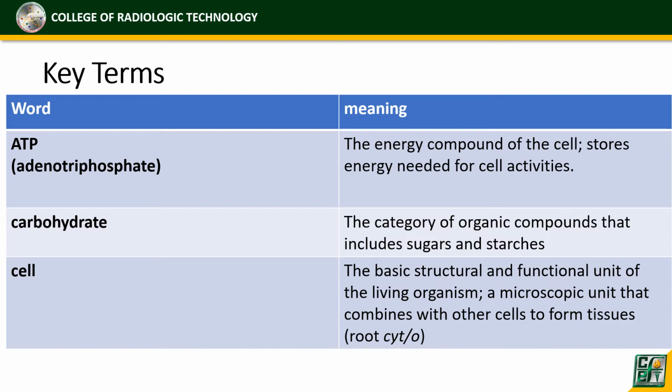Next we have carbohydrate. Carbohydrate is the category of organic compounds that includes sugars and starches. Next is cell, the basic structural and functional unit of a living organism.